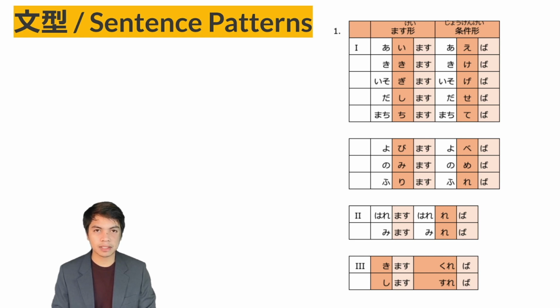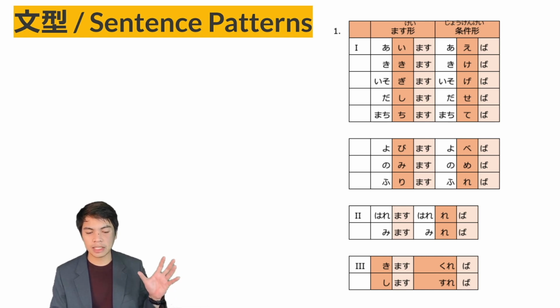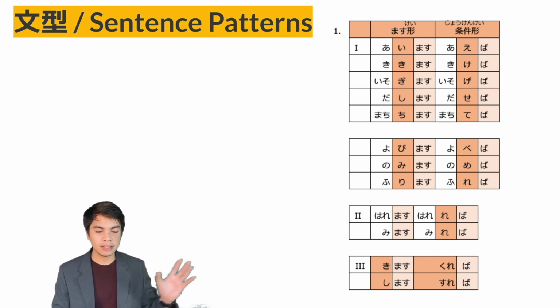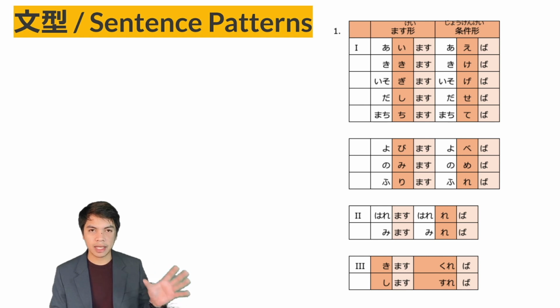The verb aimasu. Once again, if we remove the masu of the group 1 verbs, the last characters are I sound characters. Let's change the I sound characters to the E sound characters and add ba. Let's start from the verb aimasu. Remove masu, ai.